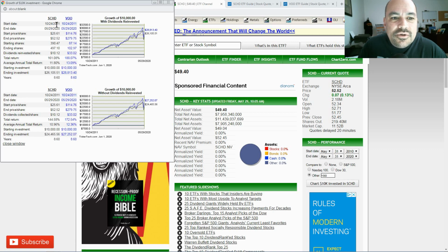From October 2011 till the close of business on Friday, which was May 29th, you got a total return from SCHD of 161%, and out of VOO you got 188%. So average annual is a little bit over 1% better in VOO than it is SCHD.